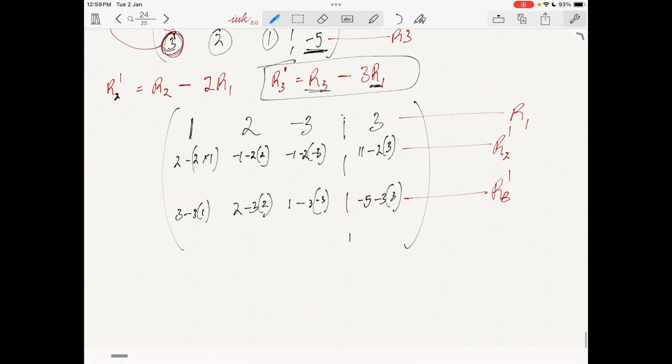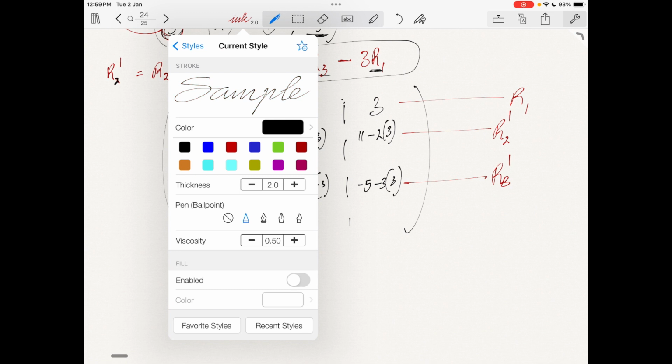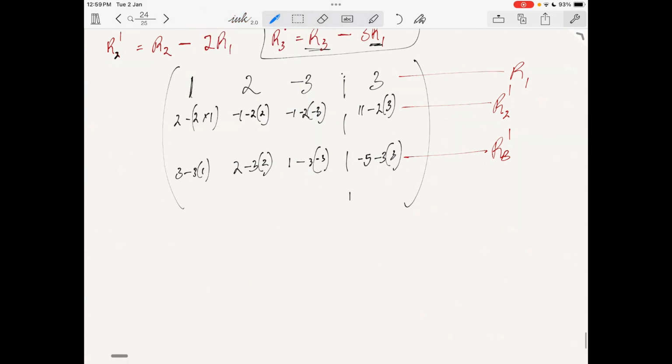Now, having done that, we can simplify this, and we have 1, 2, minus 3, 3; 0, minus 5, 5, 5; and 0, minus 4, 10, minus 14.